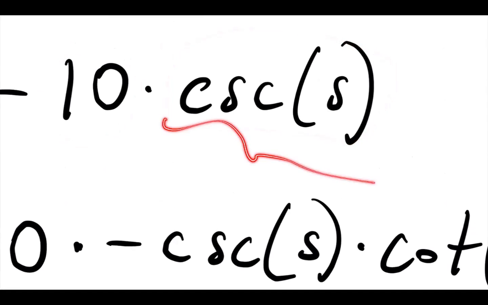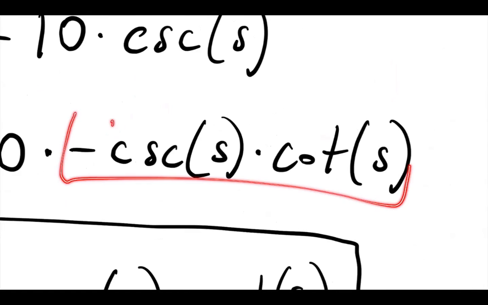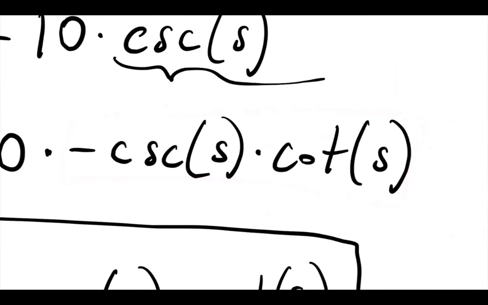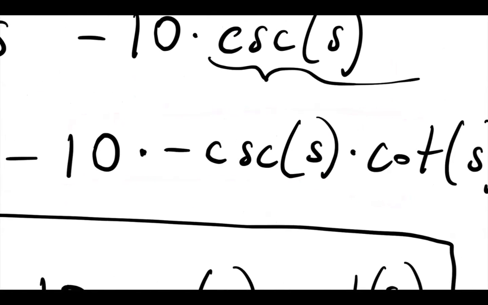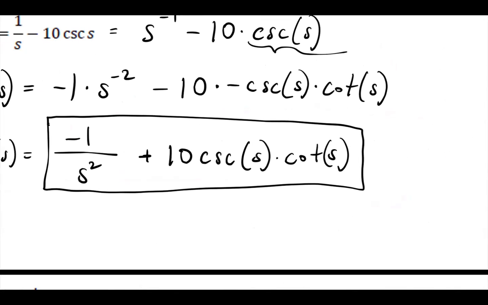The derivative of this was this guy right here. That was the derivative, and so I multiply negative 10 times that. There you go. So if you have a coefficient in front, just move it to the side and then bring it back in at the end and multiply it times whatever's there.